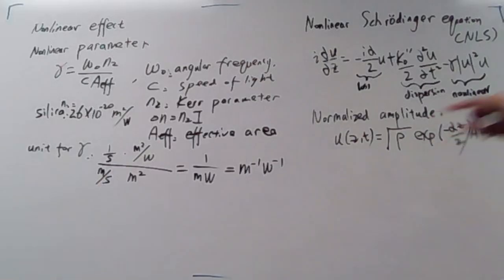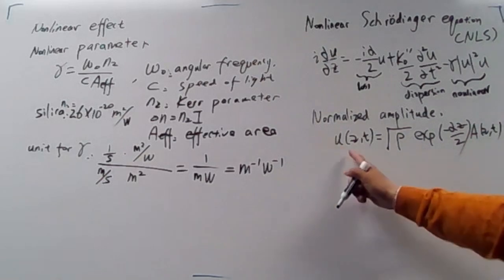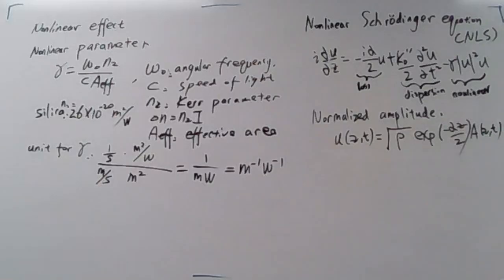So it's the power. Now we normalize it. In other words, my A will be 1, because I take a square root, it will be power. So A will be normalized. At the same time, we add this exponential negative alpha z over 2. You can tell it's actually a loss term.